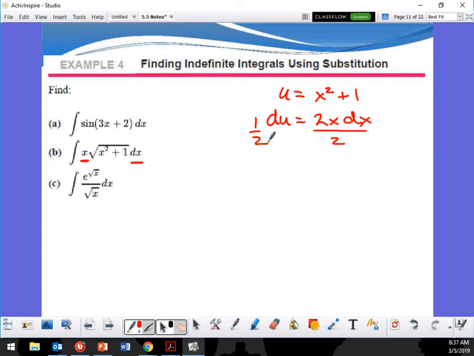Because, watch this, u is going to be all of that, so this is going to be u to the 1/2, the radical, right? Now I'm going to replace x dx, look, x dx right there. Those are the two things I'm replacing. I did it. x dx with 1/2 du. So it's going to be times 1/2 du.